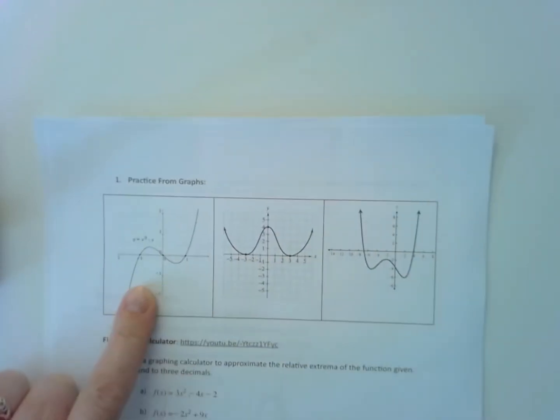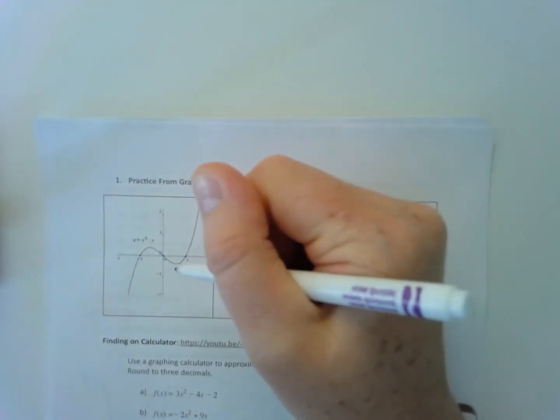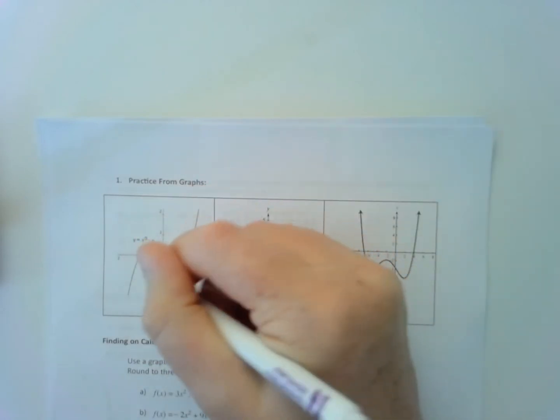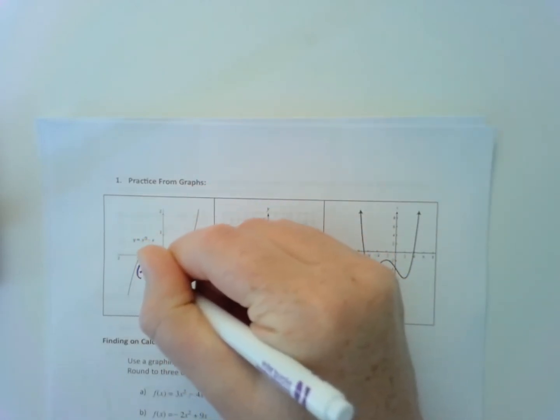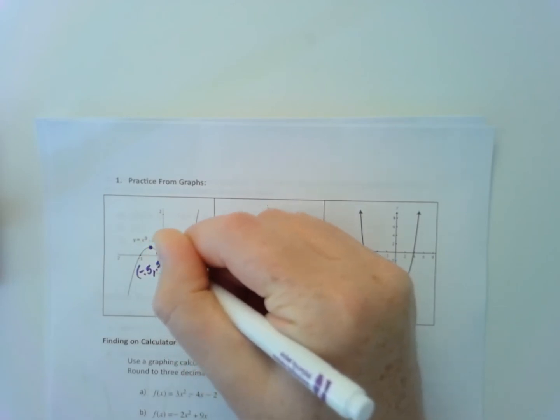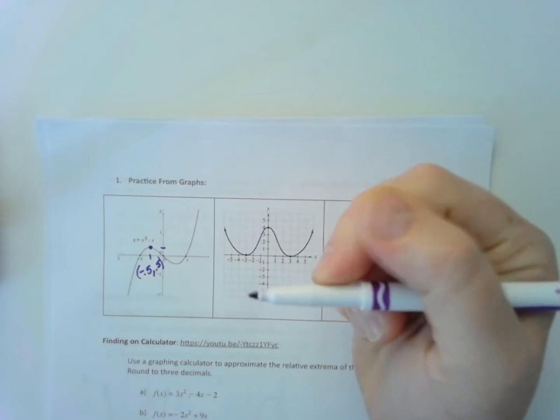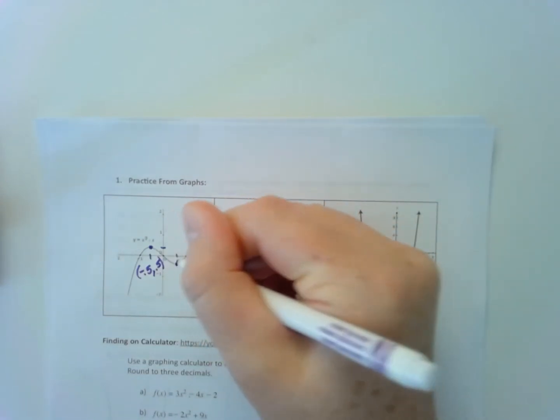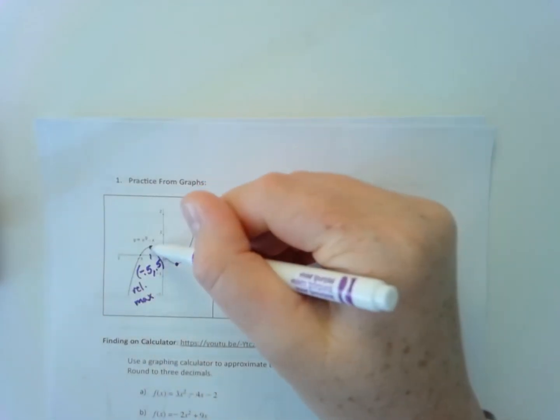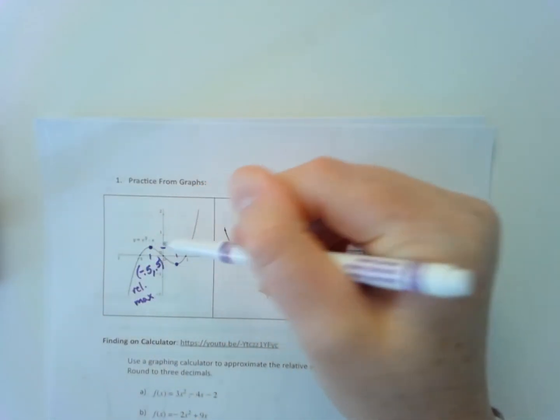So these are just looking at your graph. Looking at example 1, I would say that that looks like it's approximately negative 0.5, let's say positive 0.5. Looks like it's about half and half right there. And that is a relative maximum point because that's the highest point of that area of the graph.